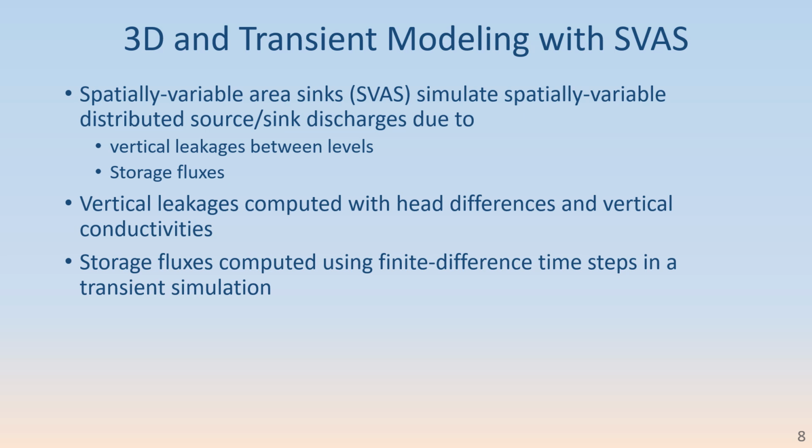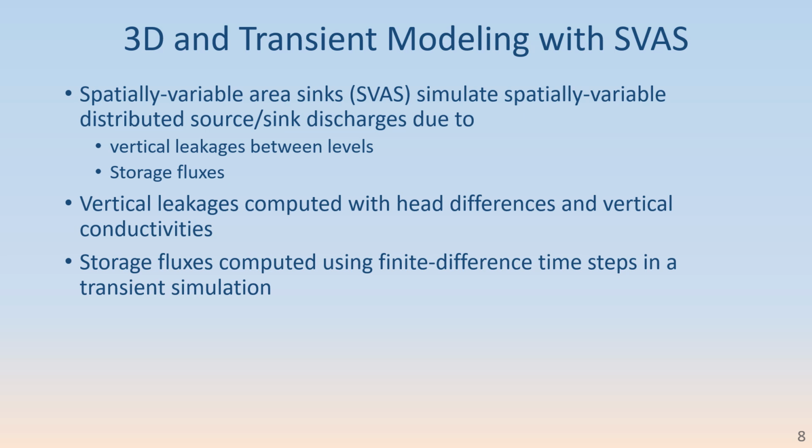In other words, the rate of discharge per area varies with location. And that allows you to have, for example, higher rates of vertical leakage near a partially penetrating well, also higher rates of storage flux near a well, things like that.